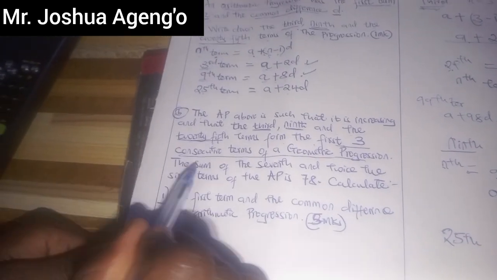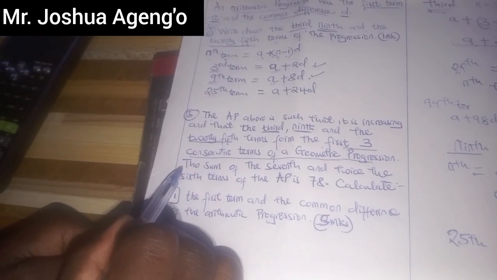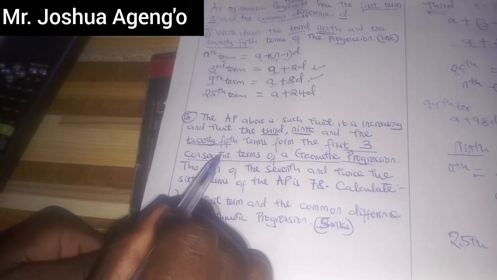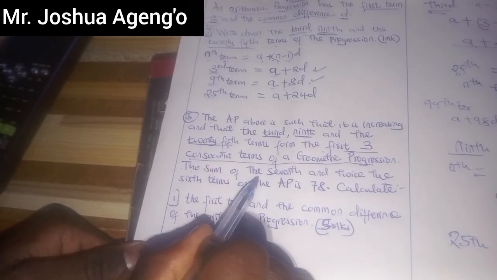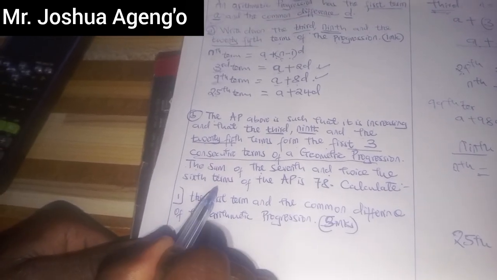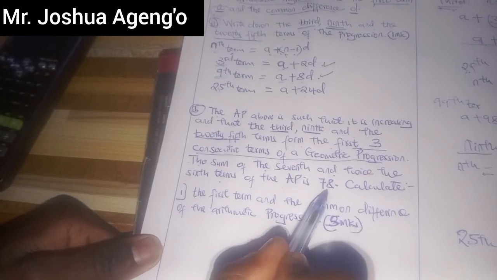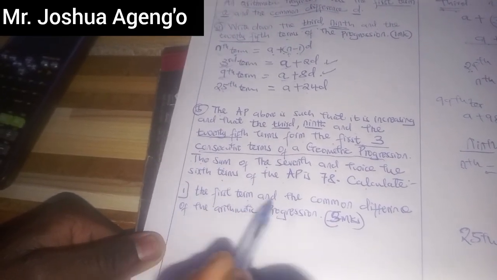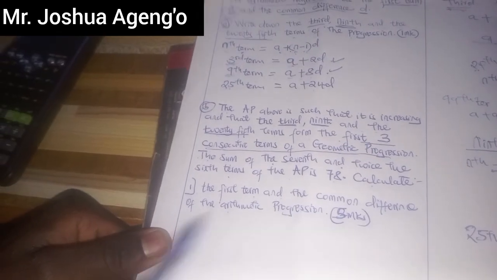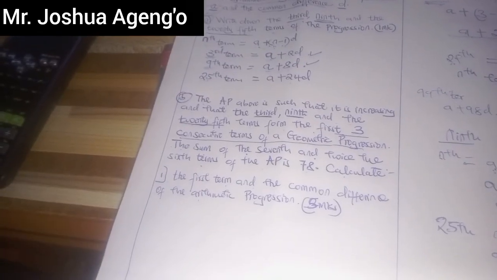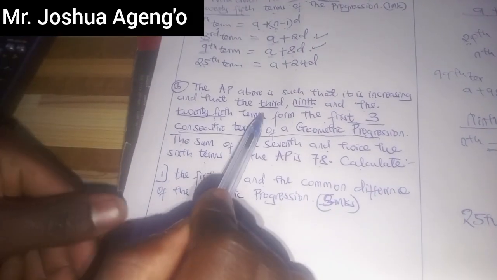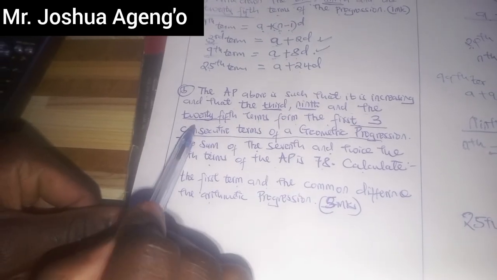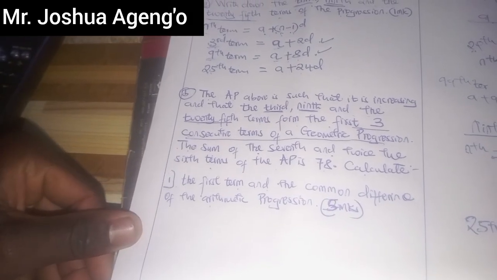They are saying that the sum of the 7th and twice the 6th terms of the AP is 78. Calculate from 1 the first term and the common difference of the arithmetic progression. Already we know the third term, the 9th term, and the 25th term of the arithmetic progression.